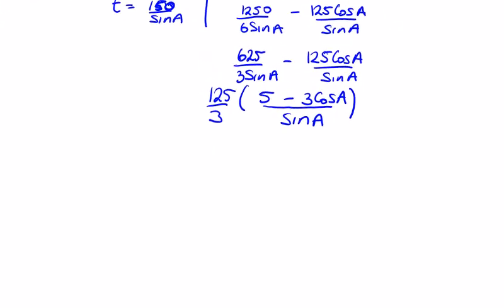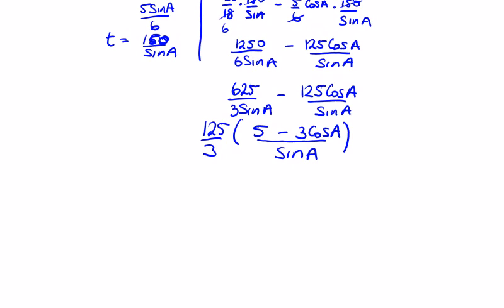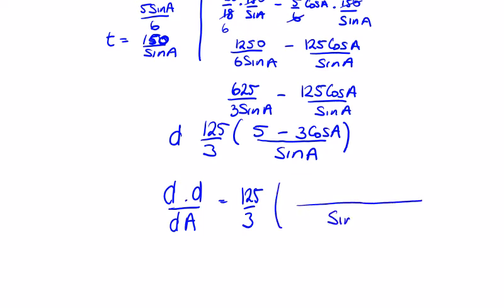So now what we're going to have to do is differentiate this. This is my distance. If I differentiate my distance with respect to the angle, I can leave my constant outside, 125 over 3, and this becomes a quotient rule. You guys remember differentiation, the quotient rule: the bottom squared stays on the bottom, and it's the bottom by the top differentiated.